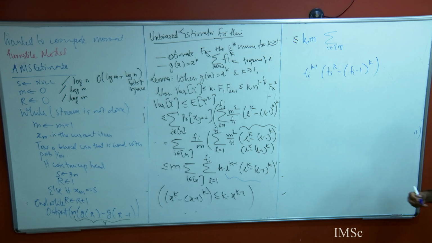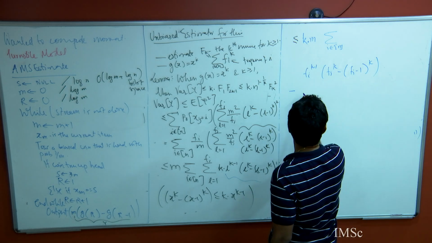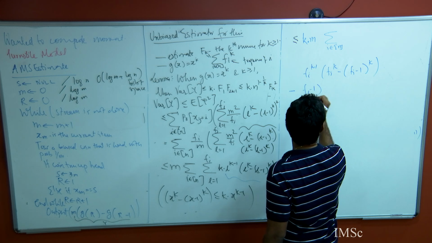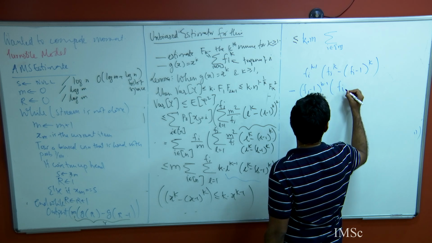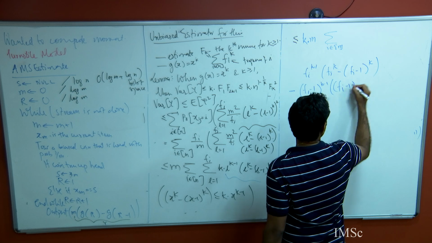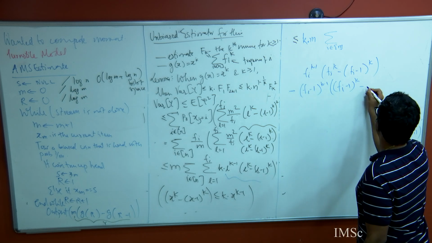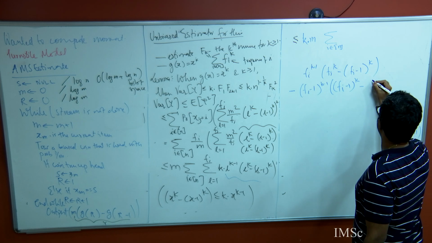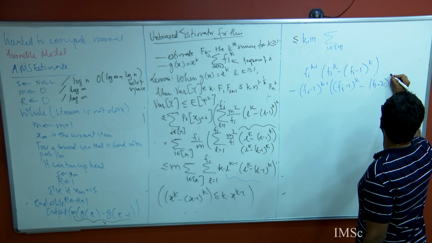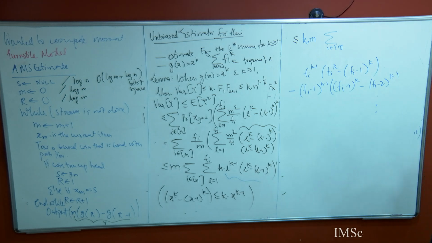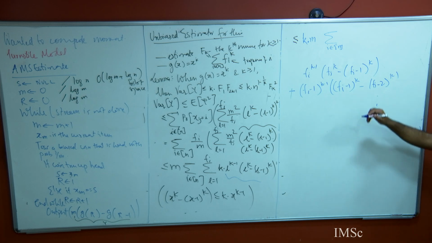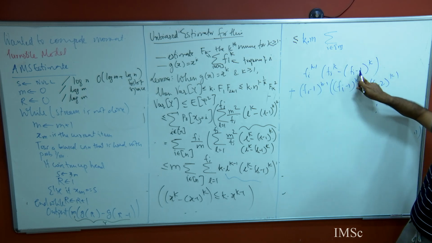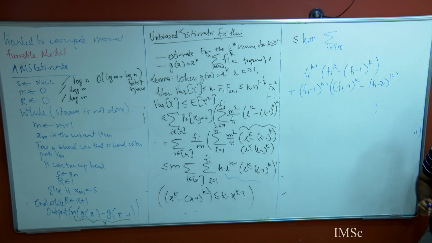What is the next term? Let us try to understand. The next term is fi minus 1 to the power k minus 1, fi minus 1 to the power k minus fi minus 2 to the power k, so on and so forth. No, this is plus, okay, this is plus, right. I would like to take this term and this term and club together, okay.